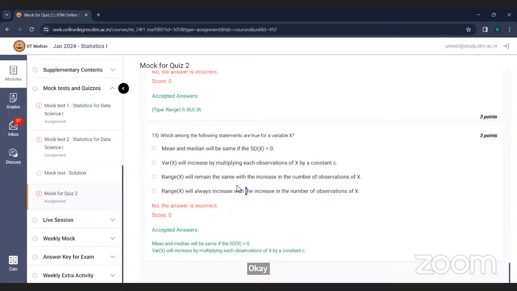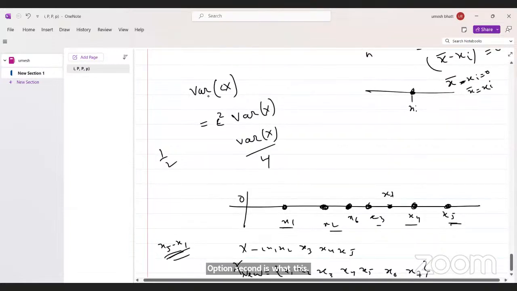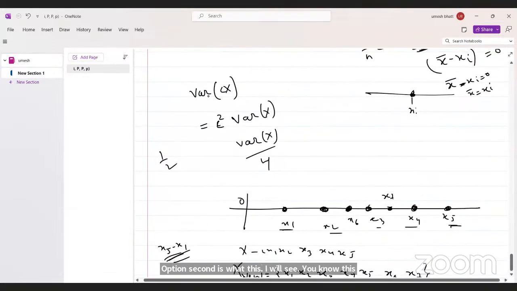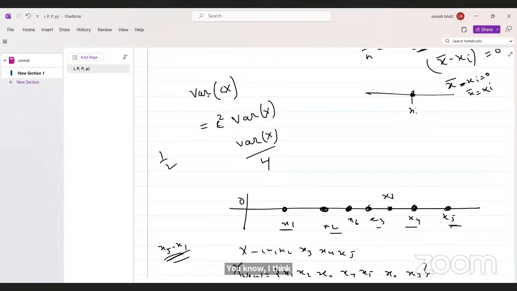Option second: you know this formula, the variance of cx is c square times the variance of x. It was already discussed in the previous lecture. The mean of cx is c times the mean of x.